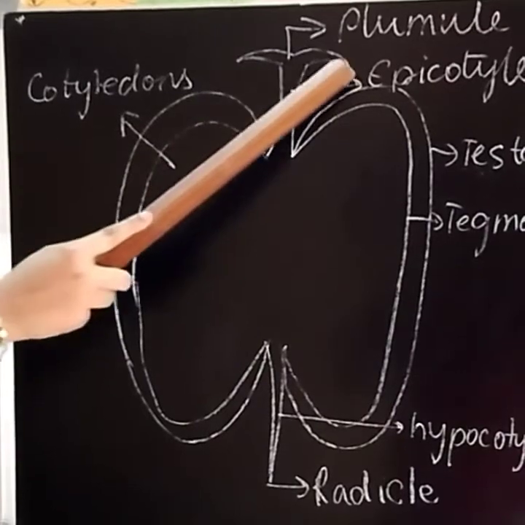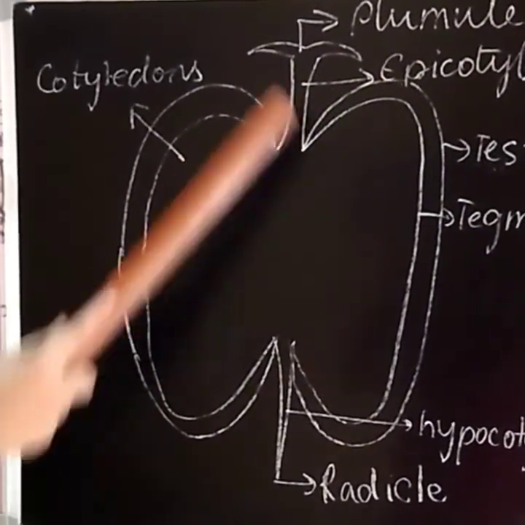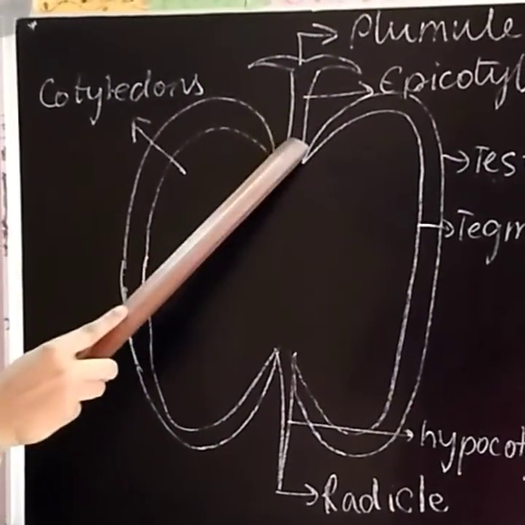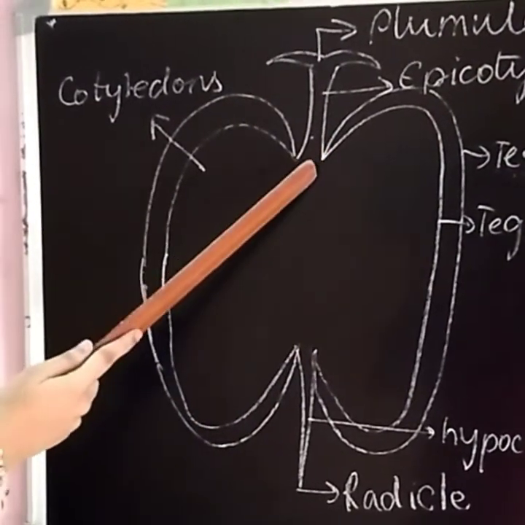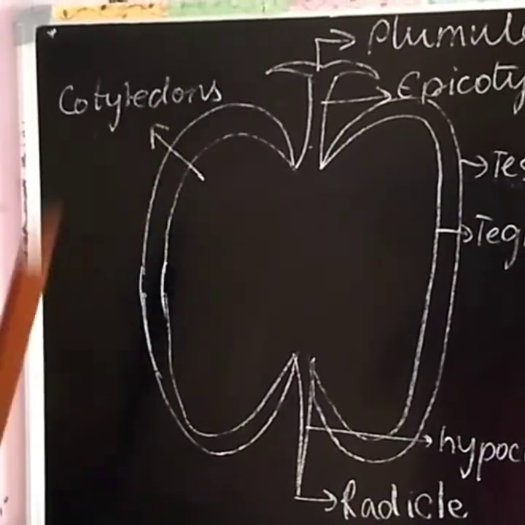So this stem-like structure is called epicotyl and the two leaf-like structures are called plumule. Epicotyl is the distance between the two cotyledons and the plumule. These two protective layers are testa and tegmen.